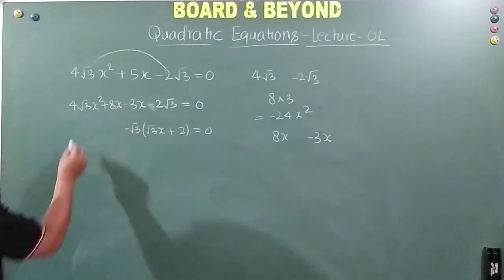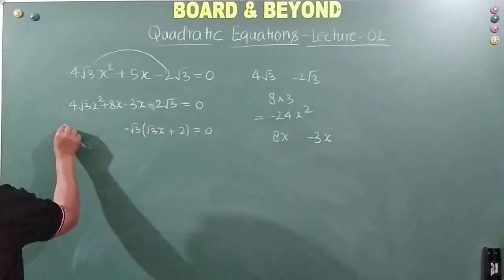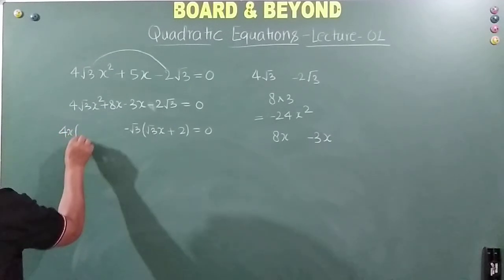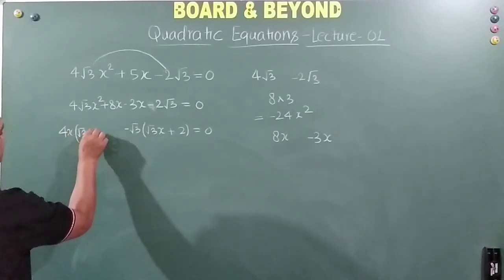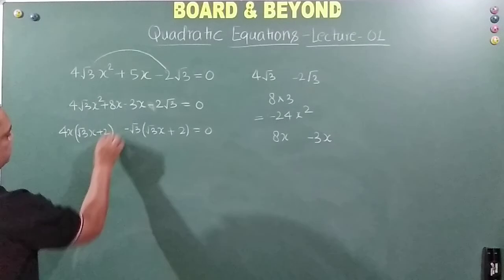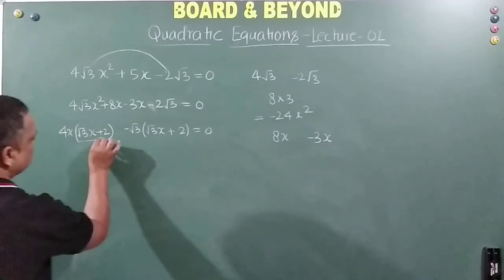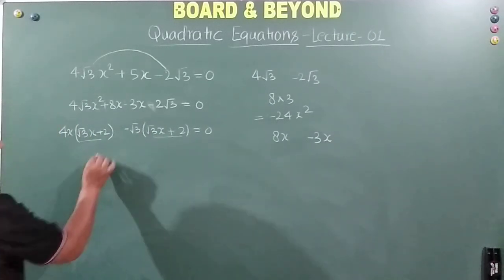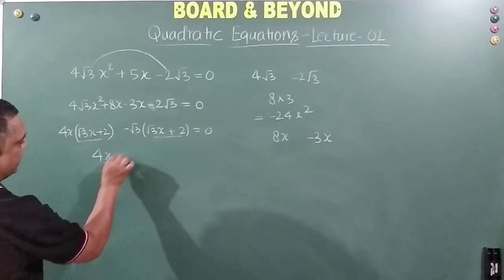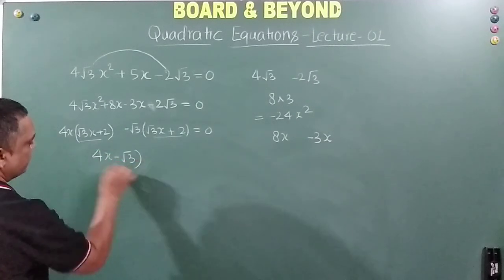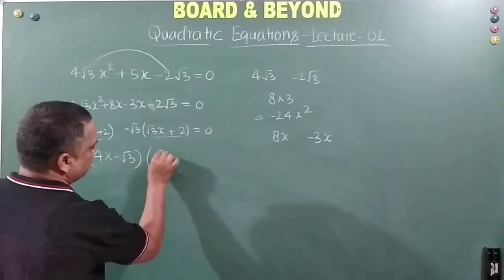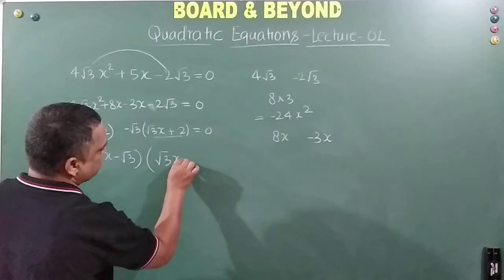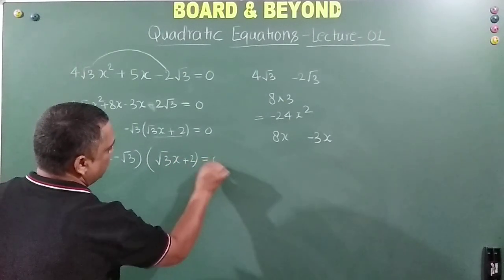Now we will try to take common here. We will take 4 so that I can get 2 here. I will take 4x common. So this leaves me with root 3x plus 2. You see, this and this is matching now. So 4x minus root 3 is one factor and root 3x plus 2 is another factor.